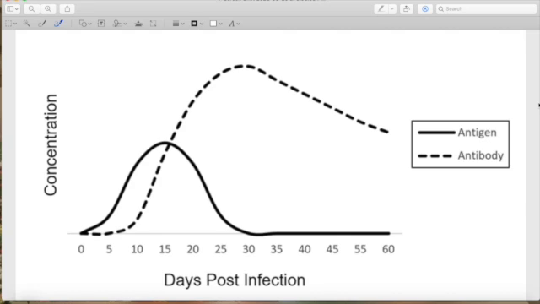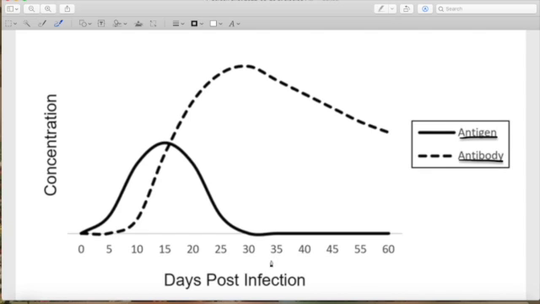When comparing antigen and antibody concentrations, it is important to identify the length of time post-infection when the antibody finds its target antigen. In the graph shown here, the solid line represents antigen and the dotted line represents antibody production.